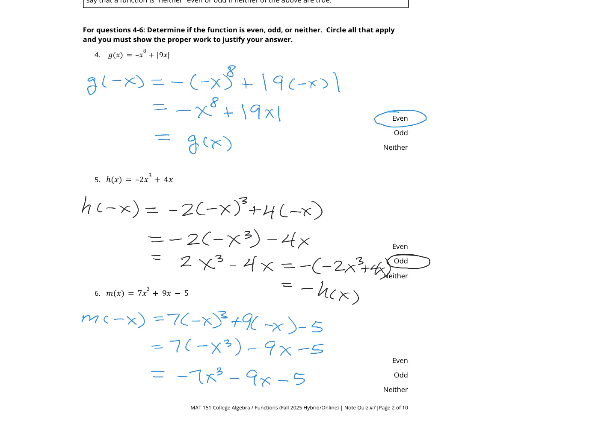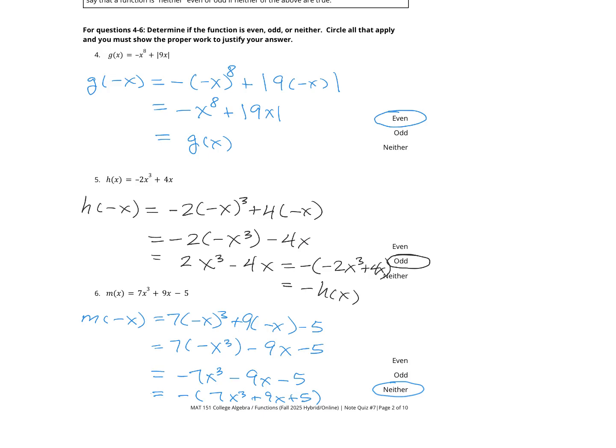It is not the opposite of the function either because not all the signs are reversed. If we factor out a negative 1, we get 7x cubed plus 9x plus 5, which again is not the original function. So in this case, we have neither an even nor an odd function. We have just a regular function without that classification.